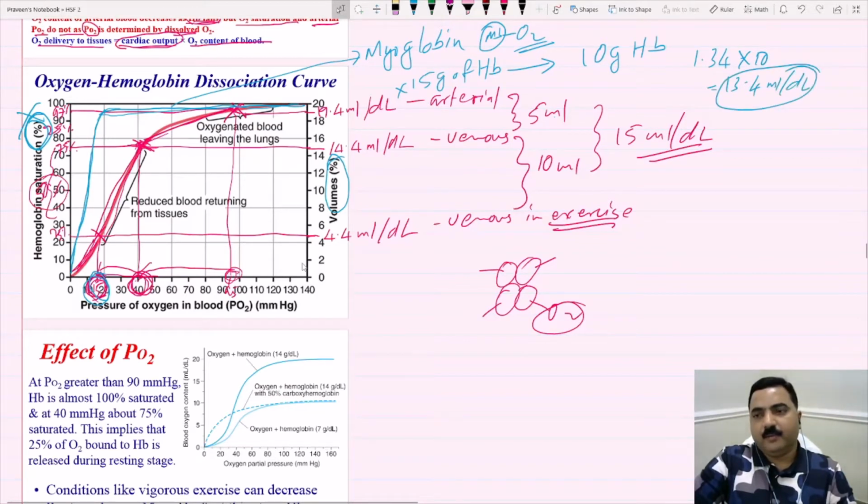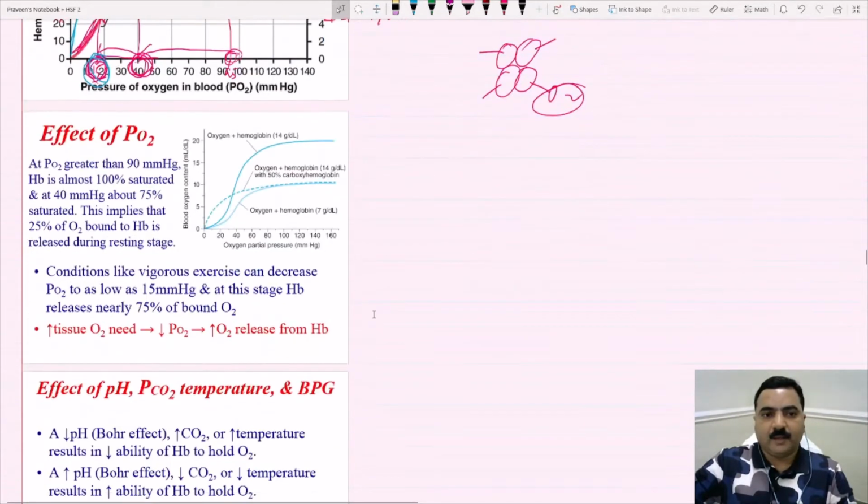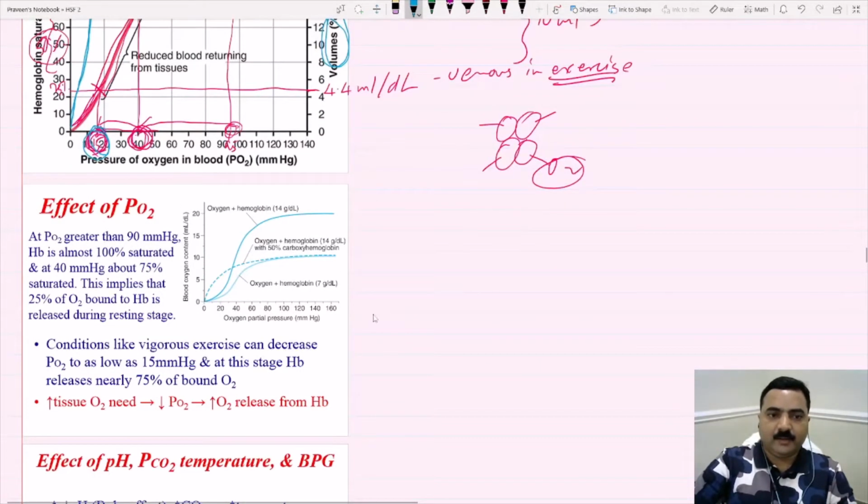This is the maximum oxygen that can be carried in a condition where the patient has only 10 grams of hemoglobin. That is important to understand. When the hemoglobin decreases, the volume percent, the whole oxygen content of the blood, falls. So how will the curve look? If you take only the hemoglobin saturation axis, no change will be seen.